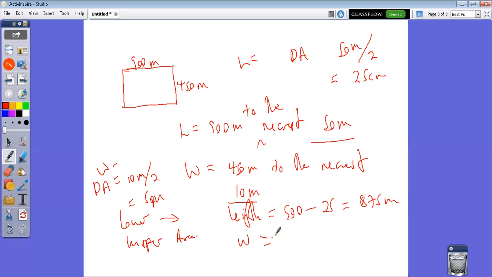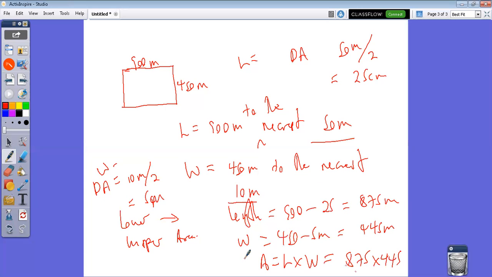You subtract 450 minus 5 and you get 445 meters. Then you know that area is length times width, so you're multiplying the lower bounds as they are. Clear?